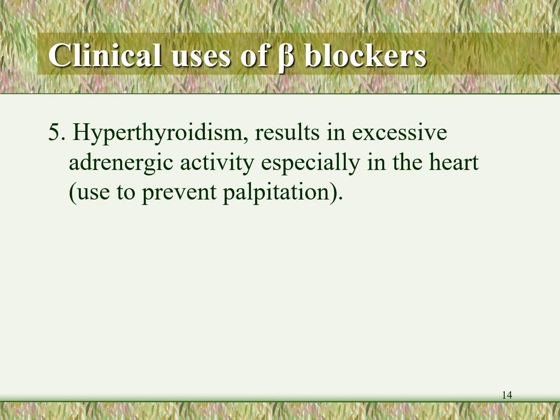Because the excess thyroid hormone increases the sensitivity of the adrenergic receptors to the action of catecholamines. Even though we have normal levels of catecholamines, we have increased sensitivity of the receptor. So this will lead to increased sympathetic effects, and the sympathetic effect on the heart will be increased heart rate and force of contraction due to the effect of adrenaline.